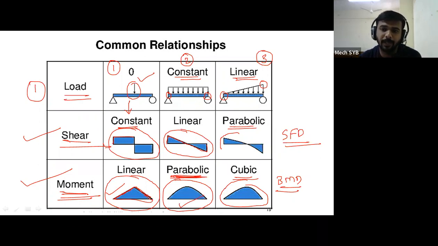If there is a uniformly varying load, that is UVL, the SF diagram is drawn by a parabolic curve and the bending moment diagram by a cubic curve.